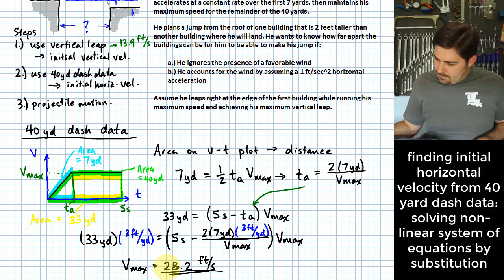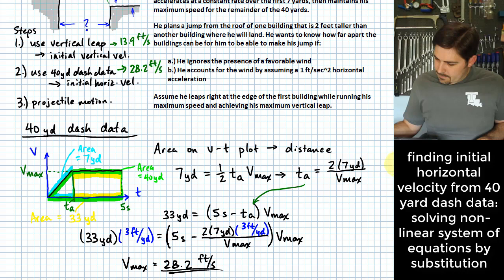Okay, so the way we actually use this piece of information is to go up here and say his initial horizontal velocity now is 28.2 feet per second. So he's assuming whatever that terminal speed was that he was able to achieve in his football tryout, that's the same as he's going to be able to do when he jumps across the buildings.